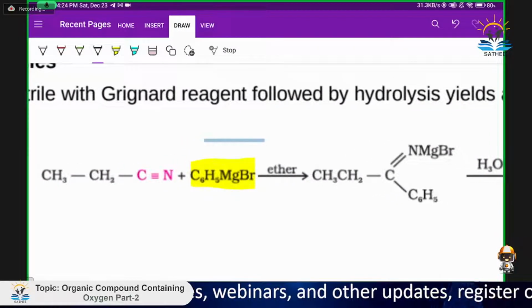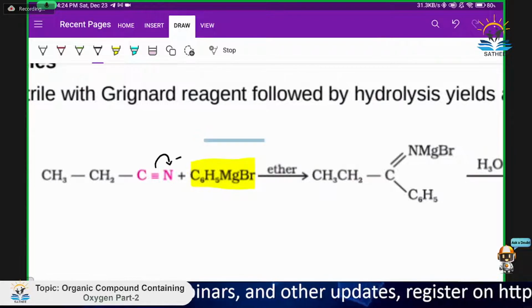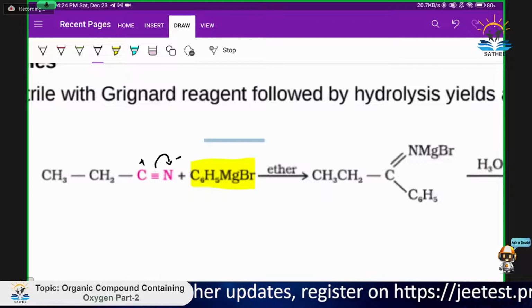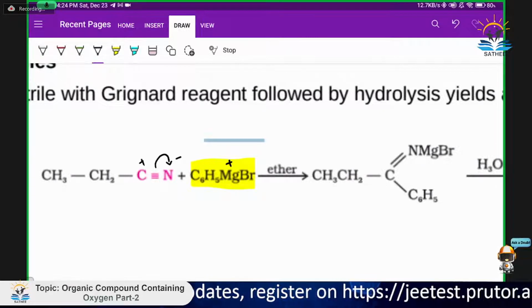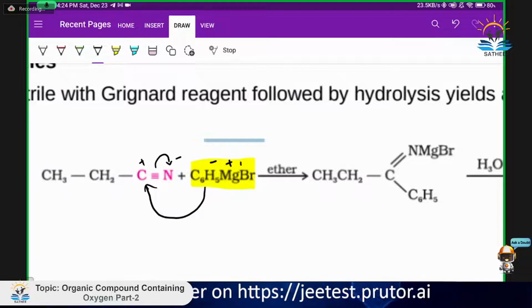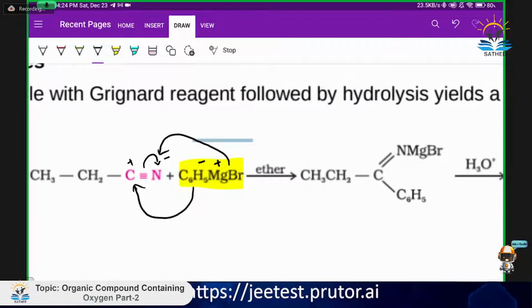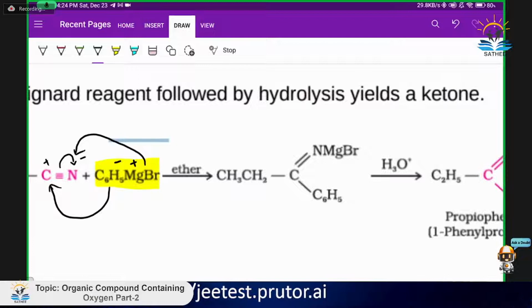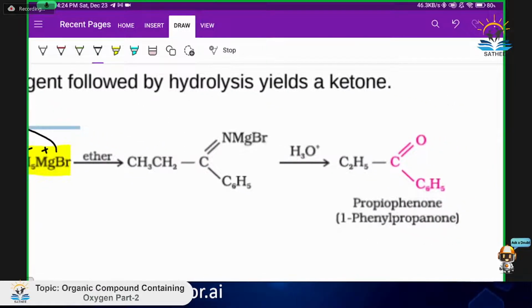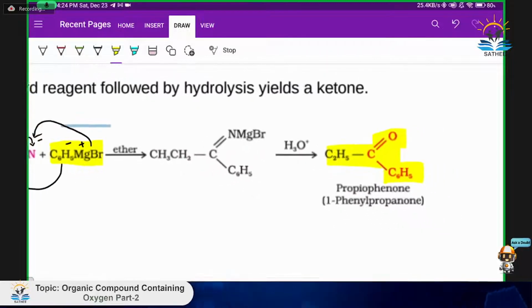Nitrogen is more electronegative than carbon, so nitrogen will be negative. MgBr will be positive and CH3 will be negative. So this attacks this carbon atom and MgBr attacks the nitrogen atom, and we get this product. So we are hydrolyzing this product and we get the corresponding ketone here.